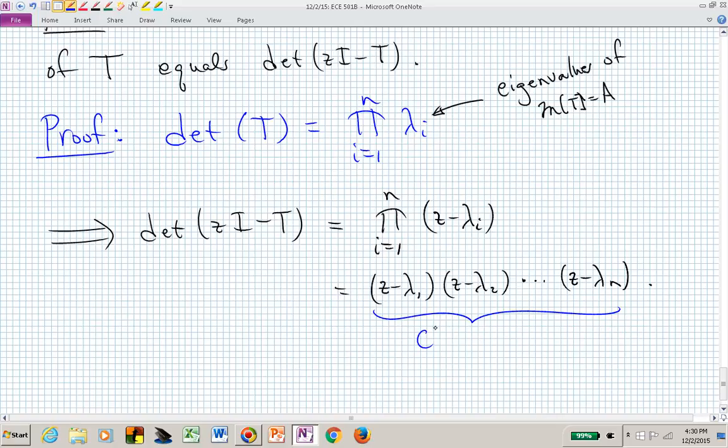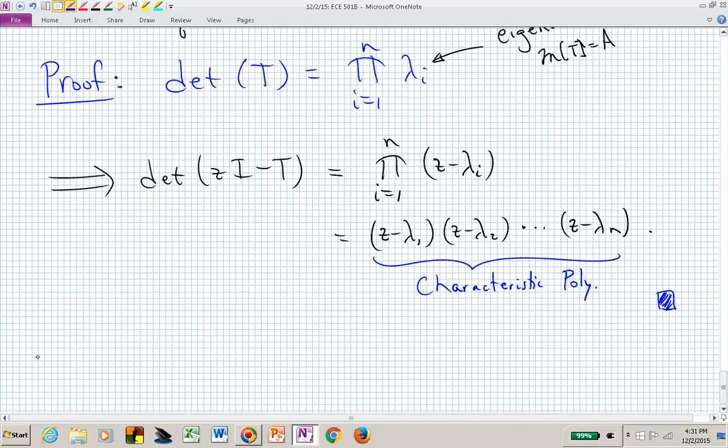So the determinant of zI minus t will give us the characteristic polynomial. And that is because we derived that fact a little bit earlier, that if lambda sub i is an eigenvalue of t, then z minus lambda sub i is an eigenvalue of zI minus t.